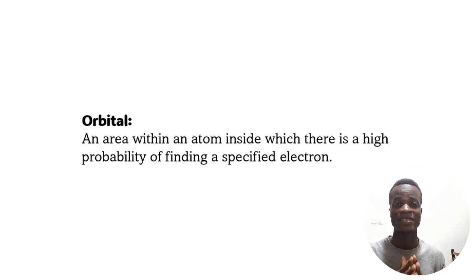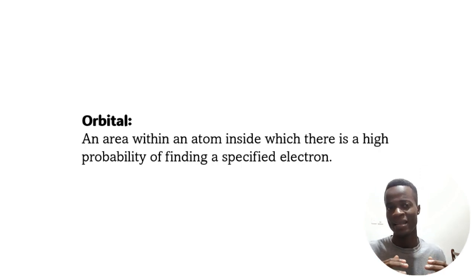The word specified is needed because even though they are found within that particular orbital, there are extra things we are going to learn about how they are actually placed inside. How they are placed in this orbital is another thing we need to tackle another time. But right now, we are here to understand that electrons are not found on the shells directly, but the shells hold orbitals, and these orbitals are the ones that contain these electrons.